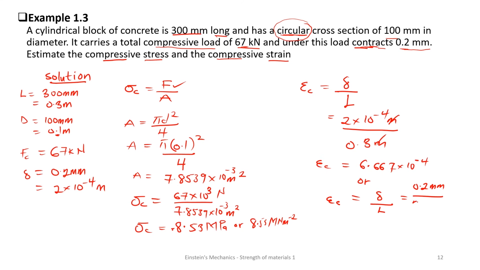You can still use the 300 millimeters. Remember, the units will cancel out, giving us a compressive strain of 6.667 times 10 raised to the power -4. No units. It's quite simple. So this is the solution to problem 1.3. Let's tackle the last problem under strain and stress.